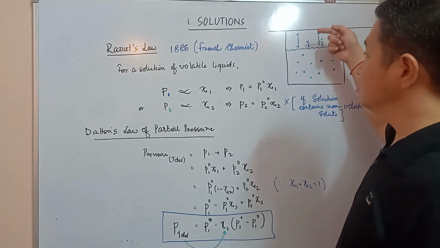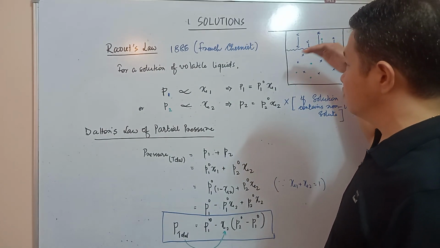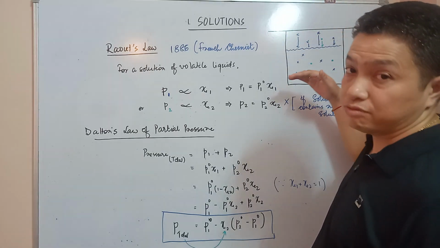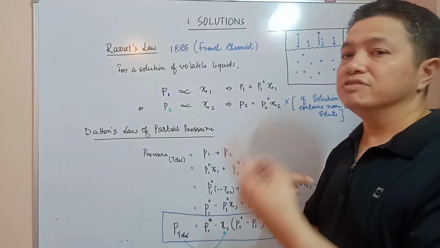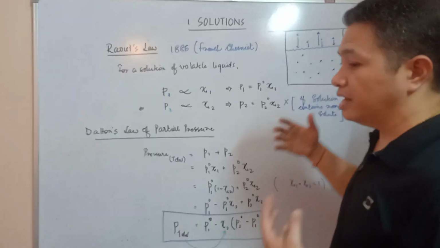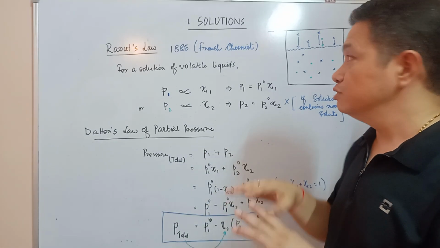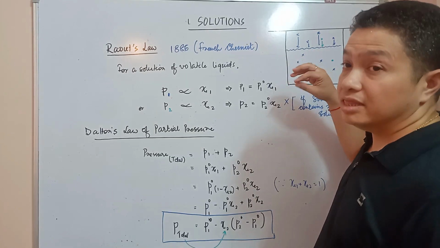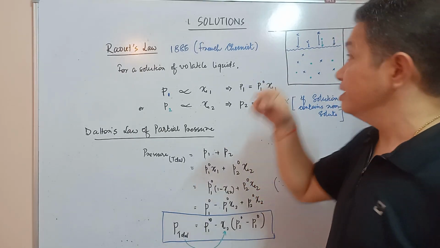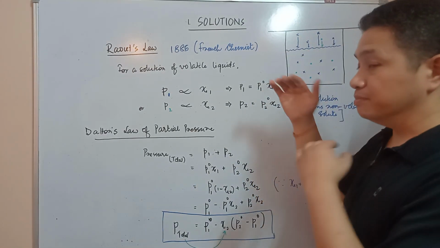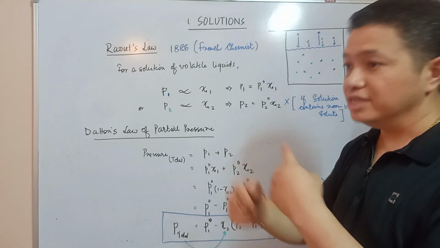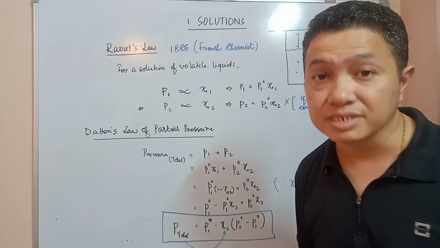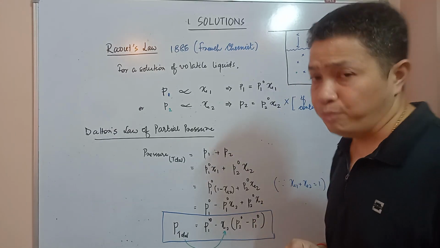So this interconversion goes on, but after some time it attains an equilibrium, so that the number of molecules staying in the liquid form and the number of molecules of the same component in the gaseous form becomes constant. Although interchange is going on, the number becomes constant, so it has attained an equilibrium state.